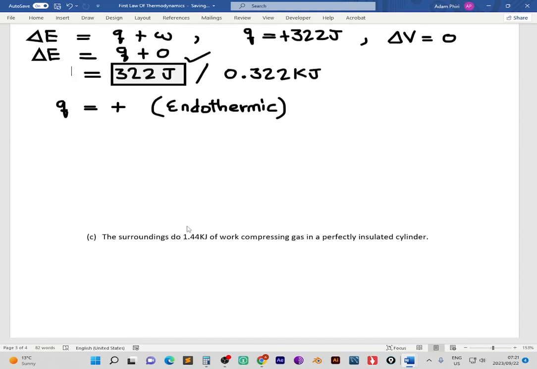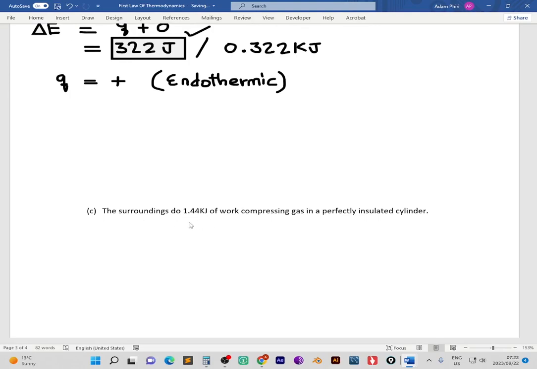All right, now we have the third problem, where we are supposed to check if the energy gained or the energy lost is relevant in this case.